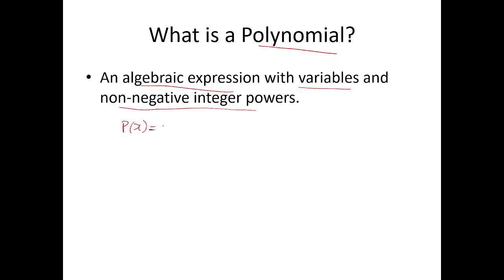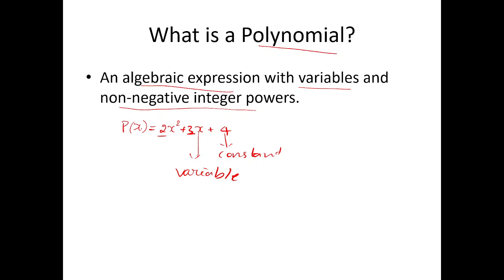If I take a polynomial as 2x square plus 3x plus 4, observe that in this algebraic expression we have a constant, x as a variable, 2 as the coefficient of x square, and 3 as the coefficient of x.